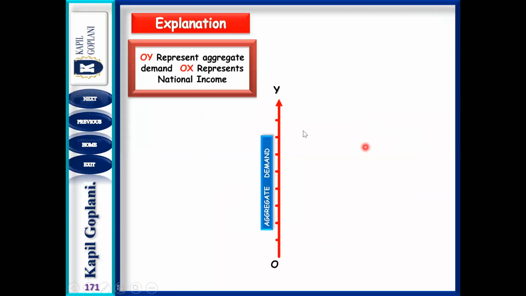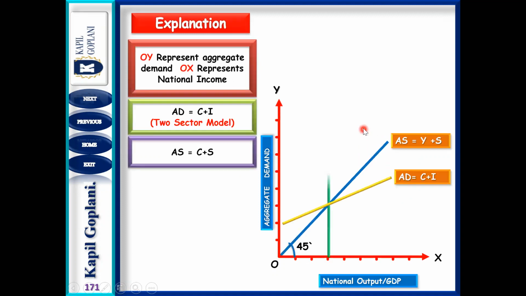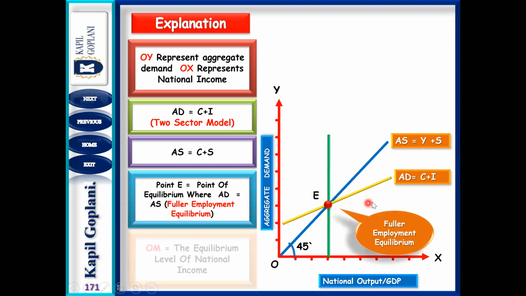So let us understand the deficient demand. First and foremost, as I already told you, there is a two sector model. AD and AS intersect at the point given on the slide, point E, which is considered the equilibrium point, and this is full employment equilibrium.